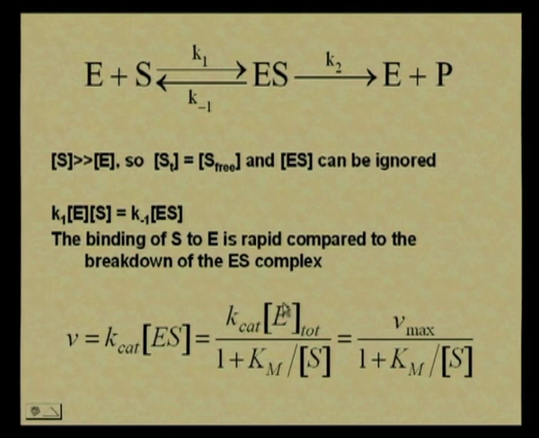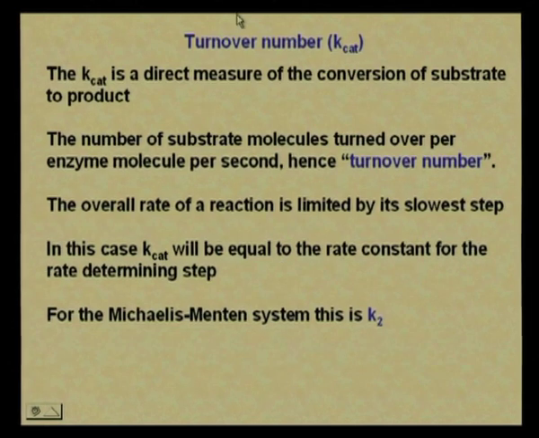We have this Kcat, which is also referred to as K2, which we will see in a moment why we call this Kcat, and we have our specific expressions related to our Kcat and our Km. Now, what is this Kcat? This Kcat is actually a direct measure of the conversion of the substrate to the product.